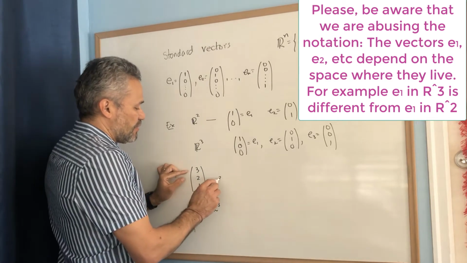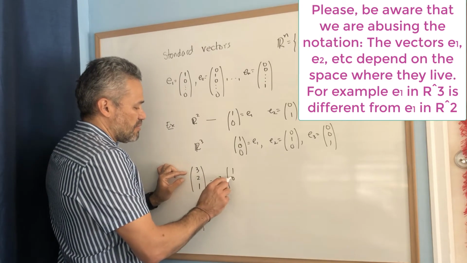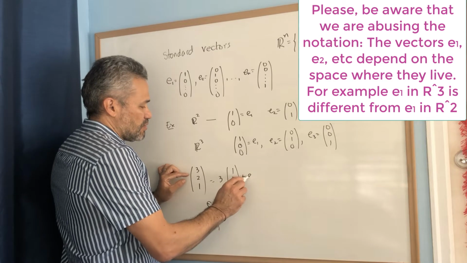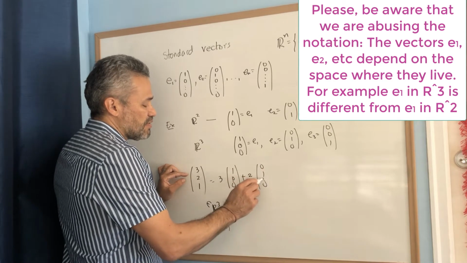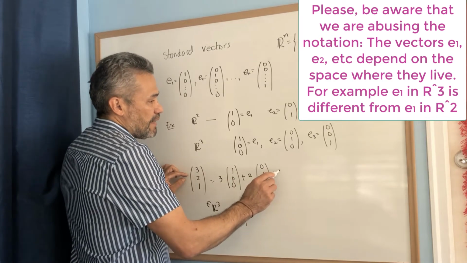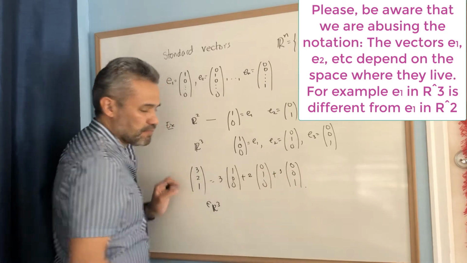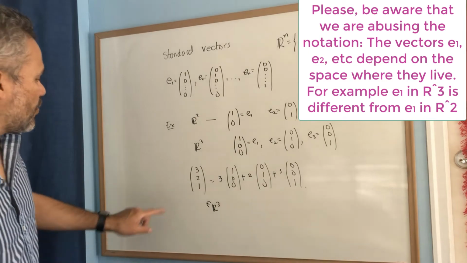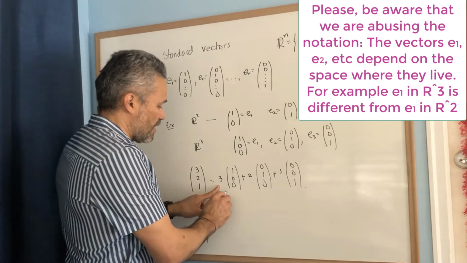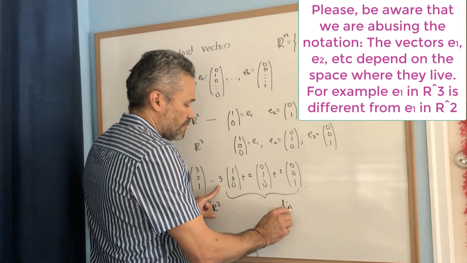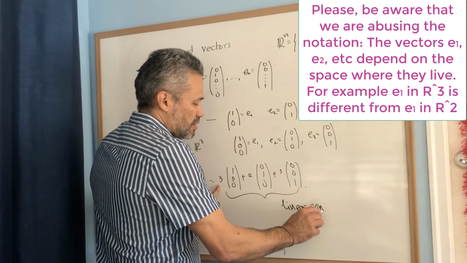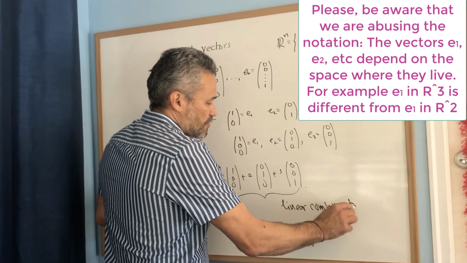I can see that this is 3 times the vector (1, 0, 0), plus 2 times the vector (0, 1, 0), plus 1 times the vector (0, 0, 1). Then we are using the notion of a linear combination, right?